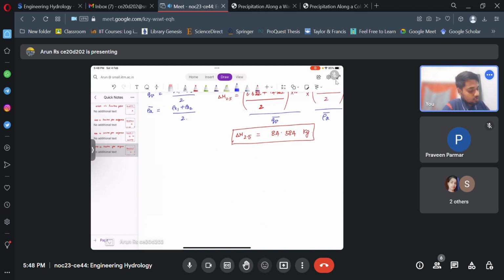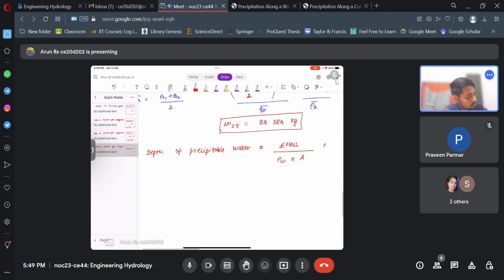So now we need to compute the depth. So this is given by summation of mass divided by density of water into area.